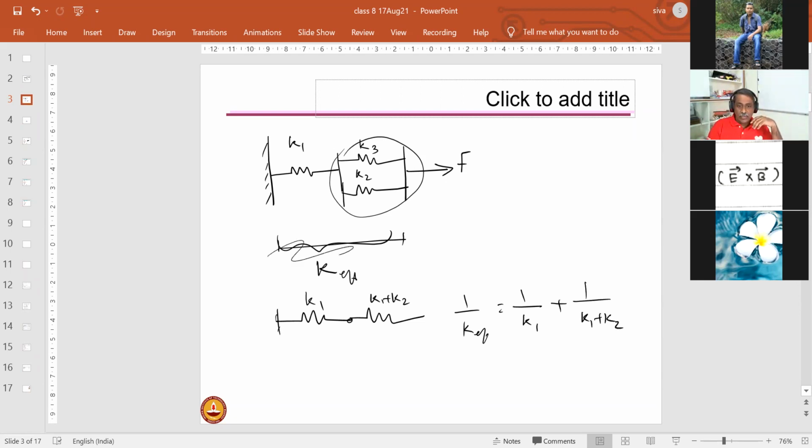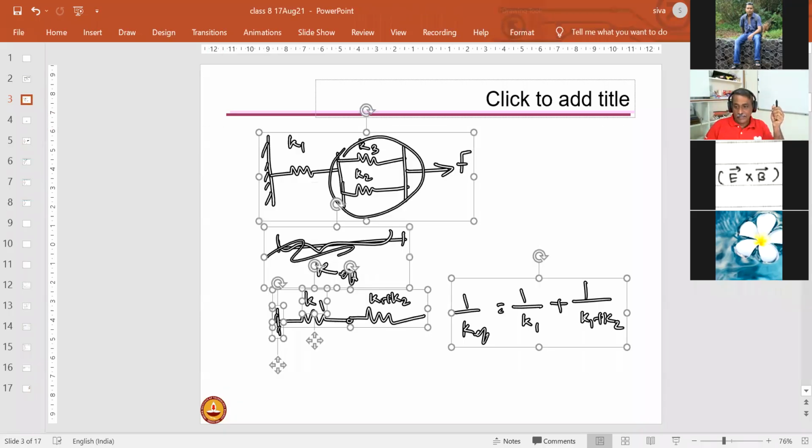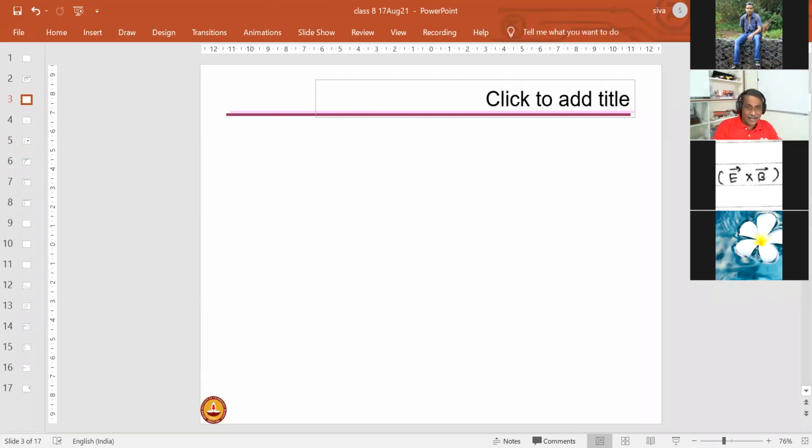Let me make it more complicated now. I'm going to have it like this. Just to simplify, I'll just put K only here.